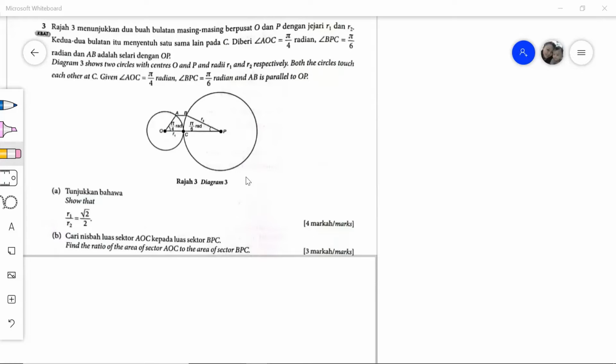Now, in this case, let me just get this trapezium out. It is a trapezium because the line AB is parallel to OP. So let's write that.